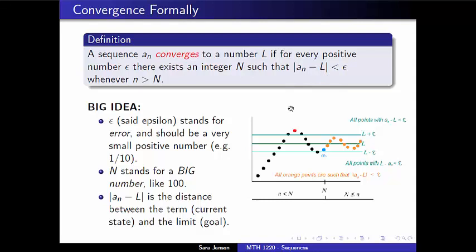So really what this definition is saying is a sequence converges to a specific number L, which is its limit, if whenever we set some sort of small error, we can always find some particular index with the property that whenever we get past that index, I can guarantee that the error is small, that the difference between the term value and the limit value is a very small number.